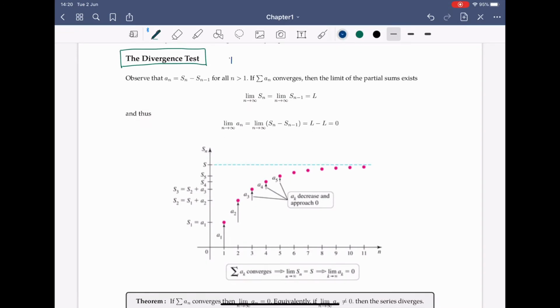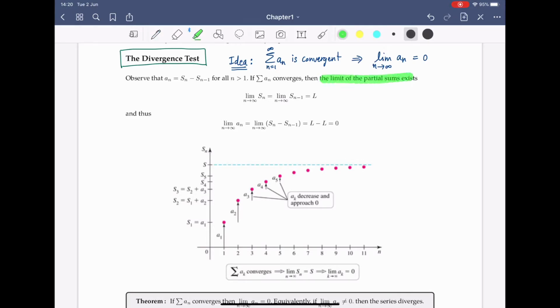The idea of the divergence test starts from the statement that if we have a convergent series, then it must be the case that the limit of a sub n as n goes to infinity is equal to 0. We can prove this statement here. If the series is convergent, it means the limit of the partial sum exists.